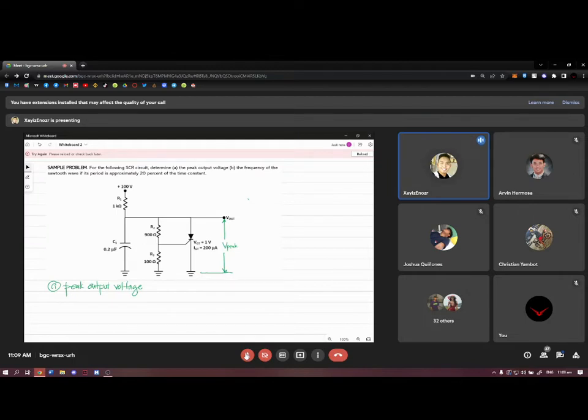Okay, so pag naglagay ka ng input voltage sa gate ng SCR, pag naglagay ka ng input dito, Vin, ibig sabihin, pag satisfy niya yung input voltage na makapag-turn on kay SCR, so yung instant na bago siya mag-fire. So ibig sabihin yung parang split seconds na lang magpa-fire na siya. So doon ka makaka-measure ng peak.